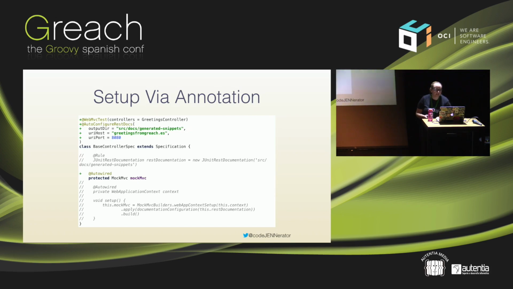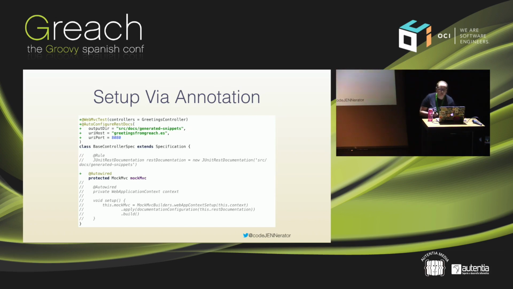So you can add it as an annotation, and the way that this is set up, the code that's commented out is what is generated or replaced by the annotation at the top. So you can remove even more boilerplate code.